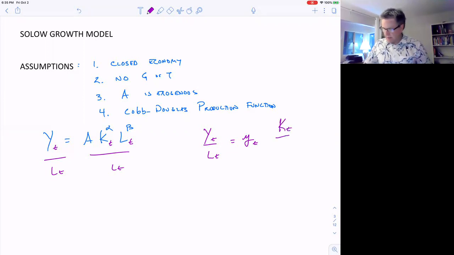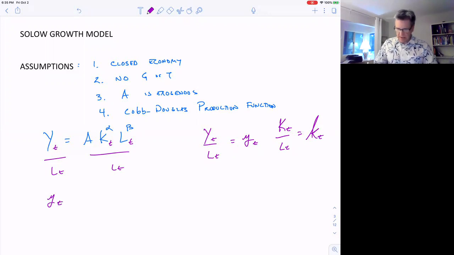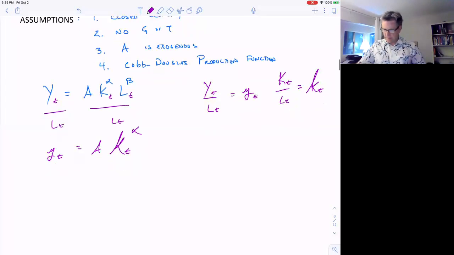And K t over L t equals little k t. And then we can write this as little y t equals A times little k t to the alpha power. So very similar here. We just have now a time subscript on y and k.